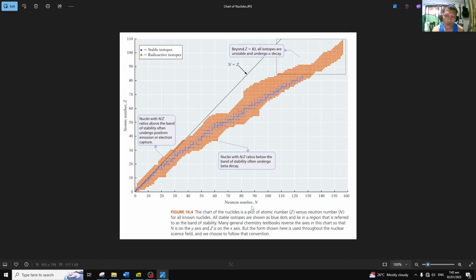So, your neutron number of course is your number of neutrons. Neutron with respect to the z, the n over z. And they found out nga may pattern kun hain nga mga nuclide ang stable.